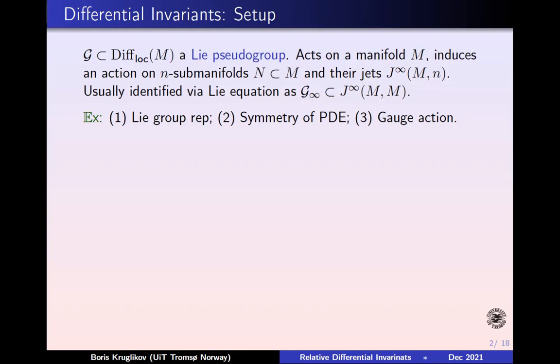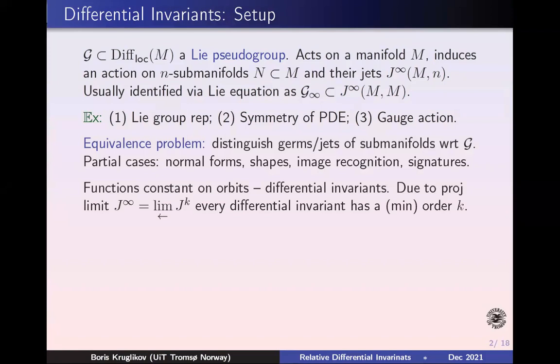Particular cases of this construction are, of course, the linear case, Lie group representations, then symmetries of PDEs, and also gauge actions. One of the main problems I'd like to address is the equivalence problem, where we would like to distinguish germs or jets of objects like submanifolds or geometric structures. The particular cases lead to normal forms, shape recognition, image recognition, and signature manifolds.